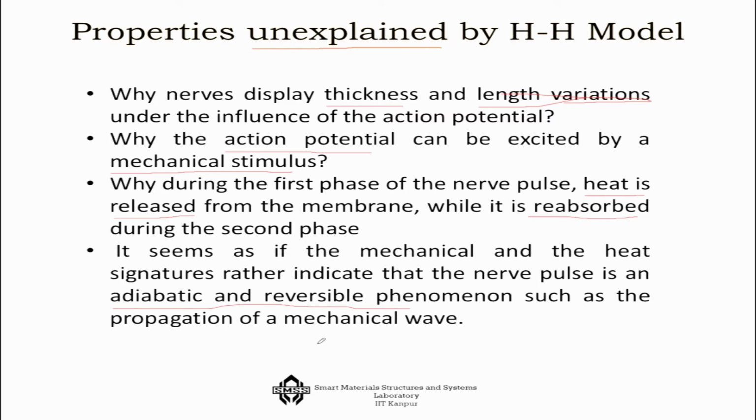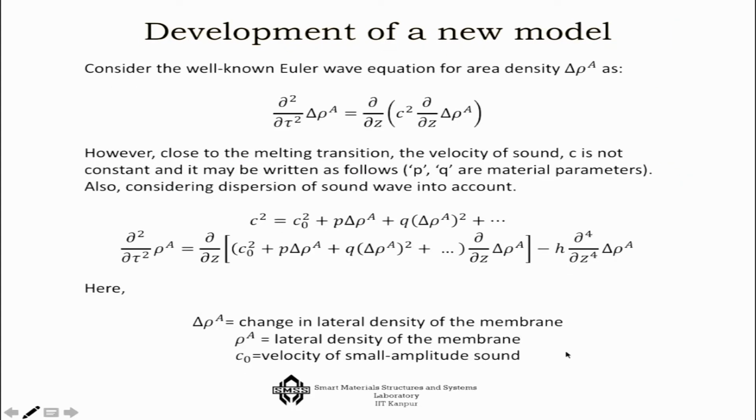So that is something that also is not possible. So these are some of the important things which are not explained by the H-H model, and hence this drives us to think of a better model towards explaining these facts as well.